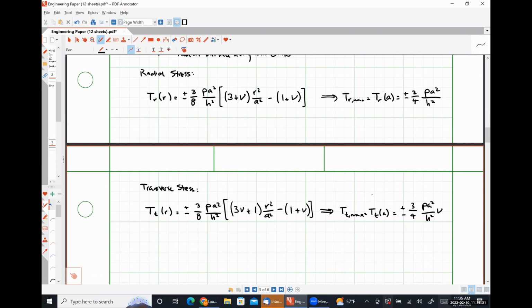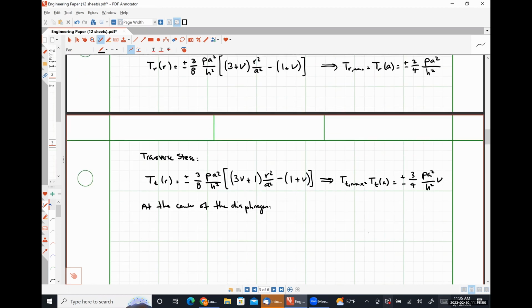Last thing here is the stress at the diaphragm center. At the center of the diaphragm, the radial stress and the transverse stress are equal.